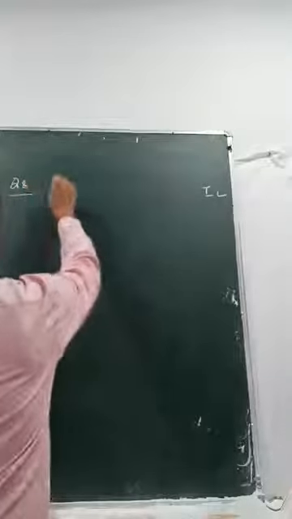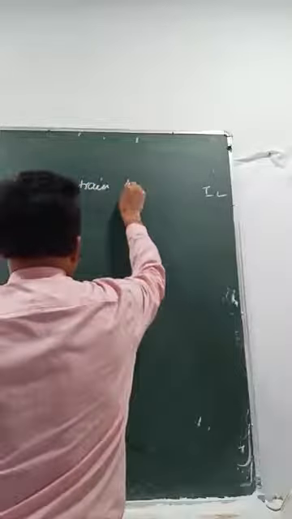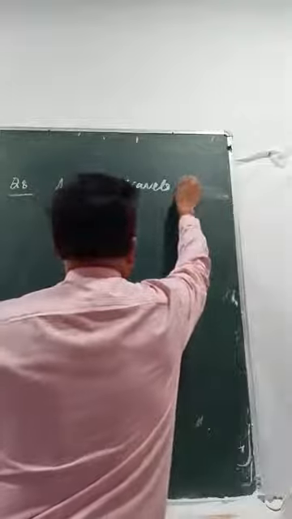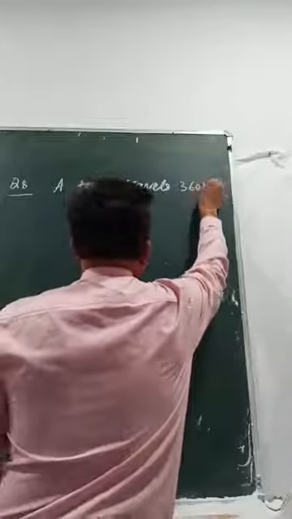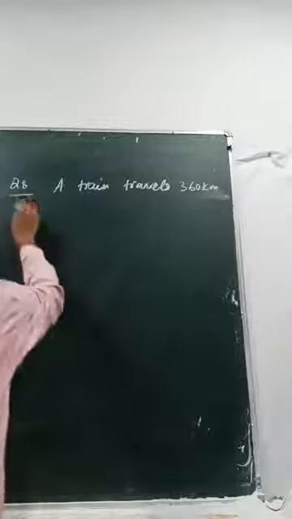A train travels 360 km at a uniform speed.